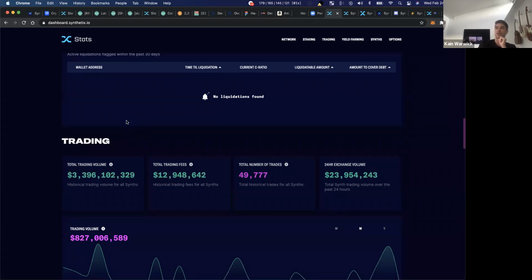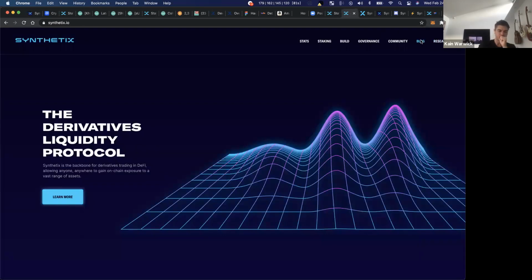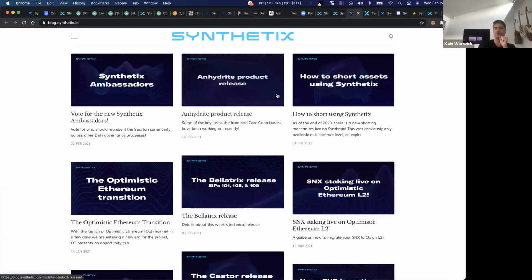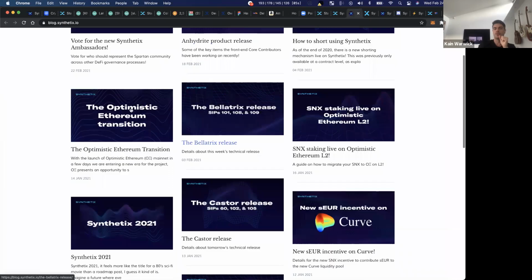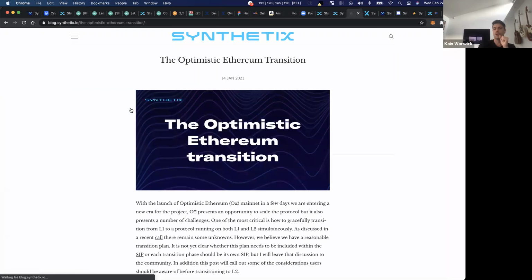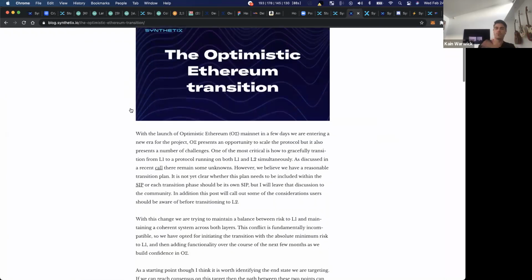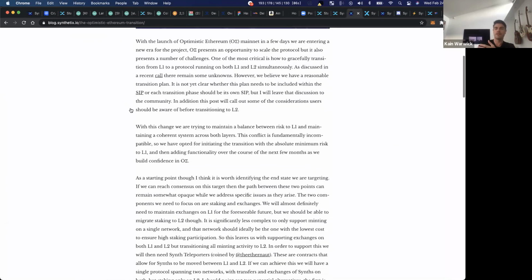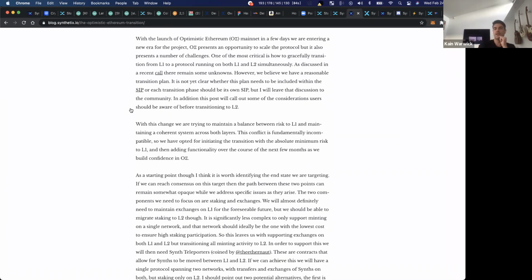On optimism, I've got a blog post that goes over my personal reasoning for why we did that. But broadly, what we were looking for is something as close to EVM compatible as possible, something we can port over fairly easily without needing to maintain two separate code bases.